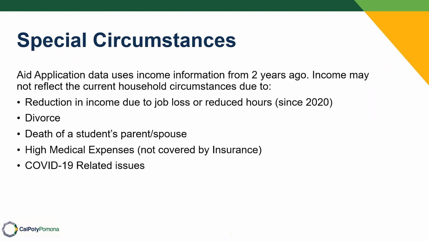If you or your household has experienced a reduction in income due to a job loss or reduced hours since 2020, due to divorce, death of a student's parent and or spouse, high medical expenses that were not covered by insurance, or if you're still suffering from COVID-19 related issues, and that has reduced the income in the household, you can let our office know. Once you notify our office, we'll go through a process of appeal to figure out exactly how that change may impact your financial aid offer.